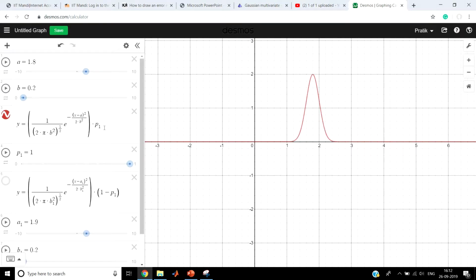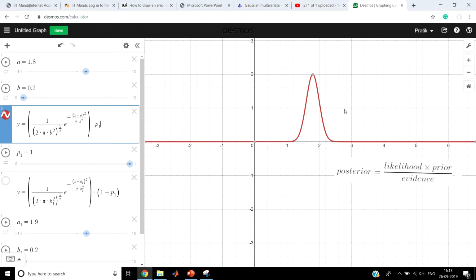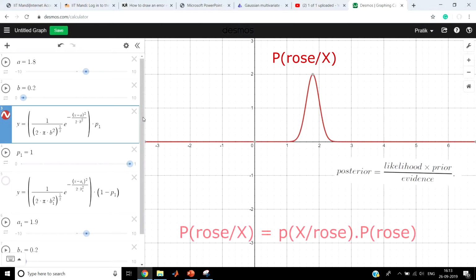So now what I have done here is this is my likelihood, as I mentioned before, and let P1 be the prior. I am denoting this red graph as the posterior for roses. The posterior of roses will basically be its likelihood into its prior, right?